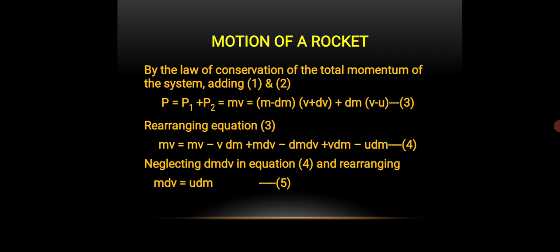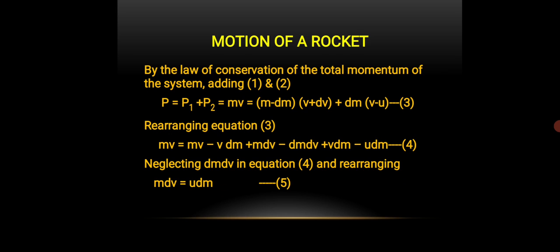So p is the momentum mv, and p1 plus p2 we are going to substitute. P1 you already know from equation 1, m minus dm into v plus dv, and now p2 is dm into v minus u. Now rearrange the equation. What we are doing is multiplying m into v, m into dv, dm into v, like that, and we are getting the fourth equation.